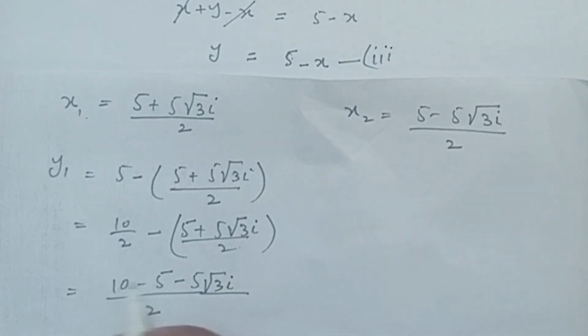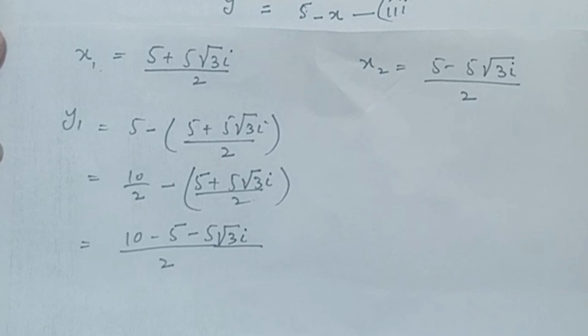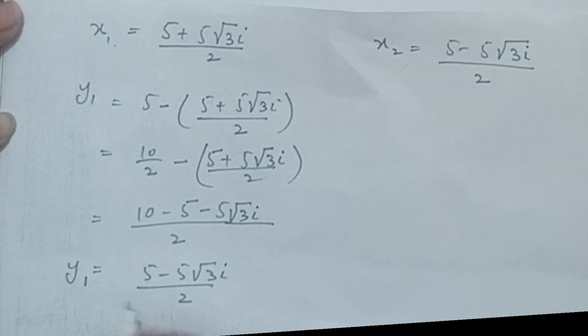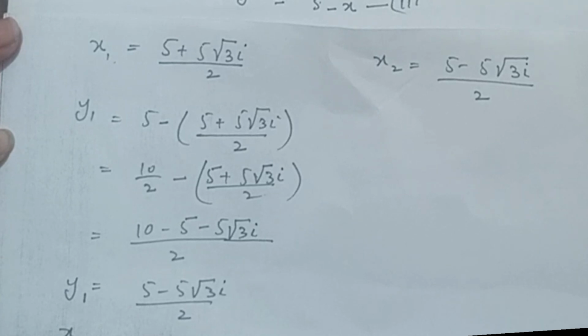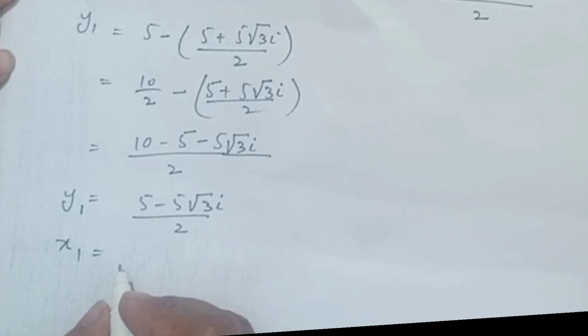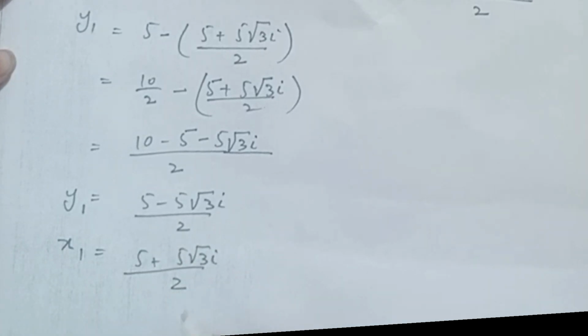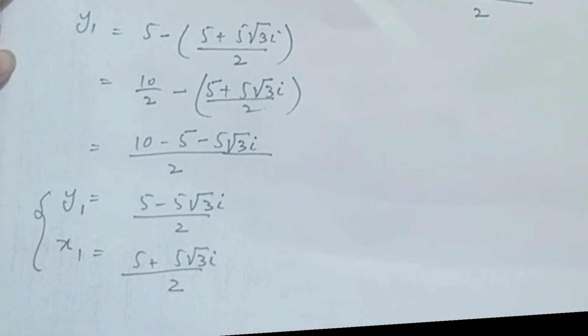Subtracting these two values, 10 minus 5, we get 5 minus 5 times square root 3 iota over 2. So this is the value of y1, and in this case x1 is equal to 5 plus 5 times square root 3 iota over 2. This is the value of x1 and y1.